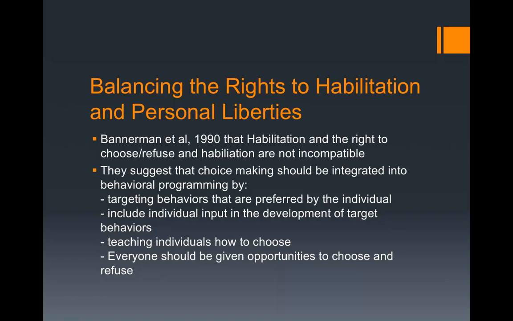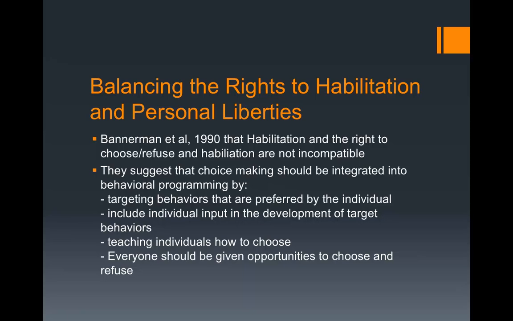The other thing they suggest that I think is more intriguing, and I don't see enough of this going on right now, is teaching individuals how to choose. I think a lot of times individuals with intellectual disabilities aren't given the opportunity to make choices, and they don't really know how to choose. So, can we teach people how to choose and add more choice to their lives?